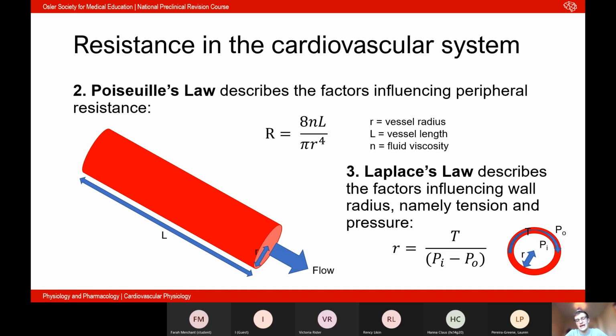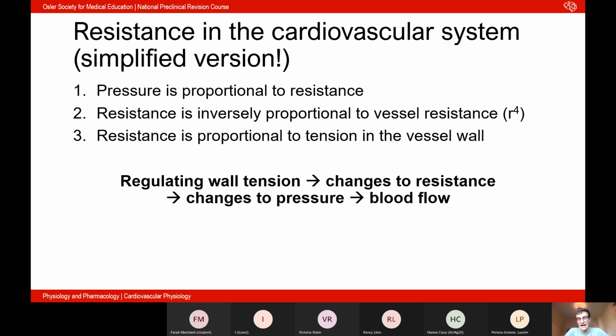And also the difference between pressure inside the vessel and outside the vessel contributes to determining the radius, and that's quite interesting very shortly when we go on to talk about pulse pressures.